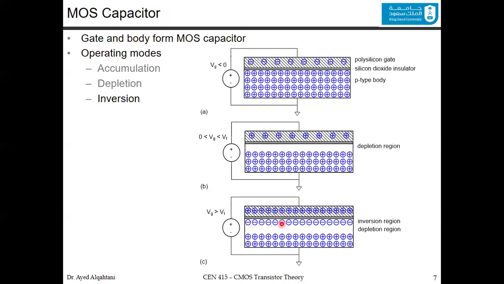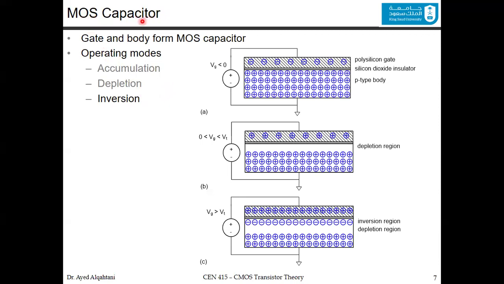And now you have what we call the inversion region, or the inversion operating mode. This is if we consider only the MOS capacitance, which is the metal oxide semiconductor capacitor.